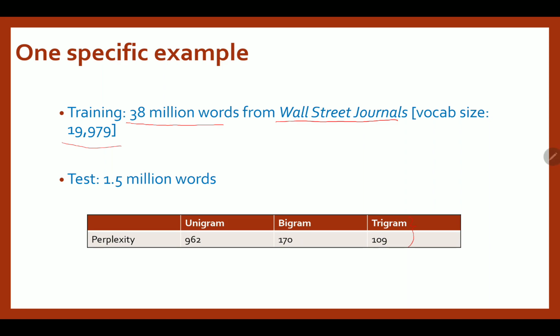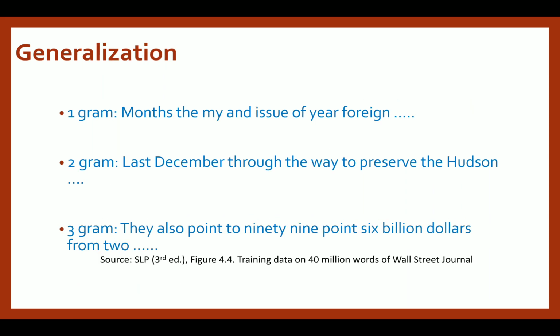So it improves the prediction of the next word, and empirically we also observe this in this example.